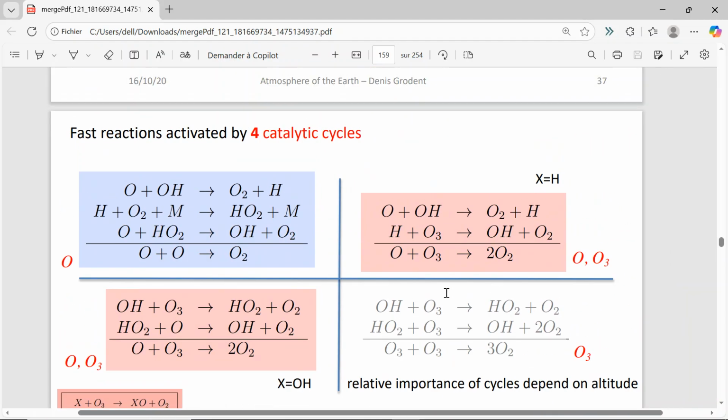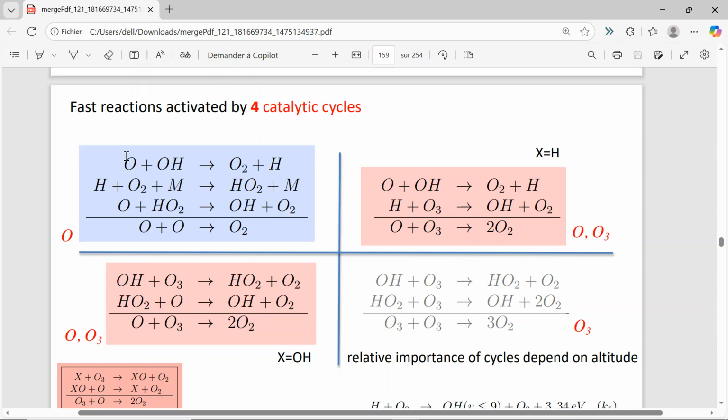We got fast reactions activated by 4 catalytic cycles. O plus OH liberating O2. This H will react with the molecular oxygen available and, using a third body recombination, liberate HO2. HO2 will react with atomic oxygen producing OH.